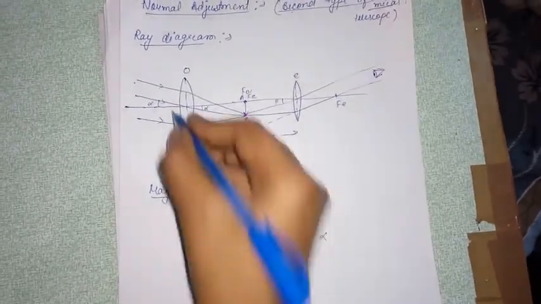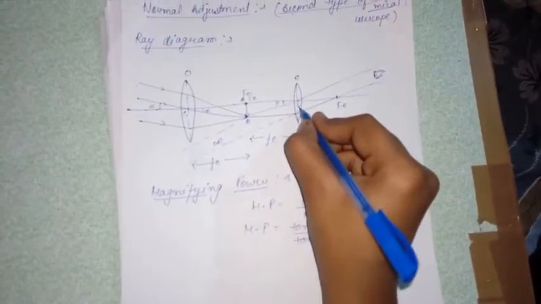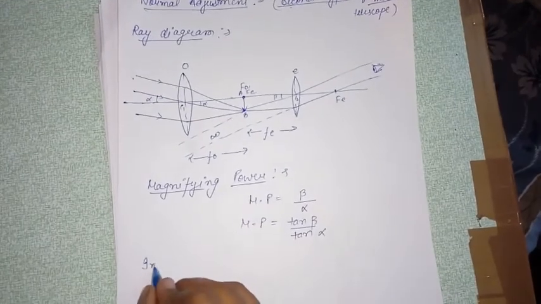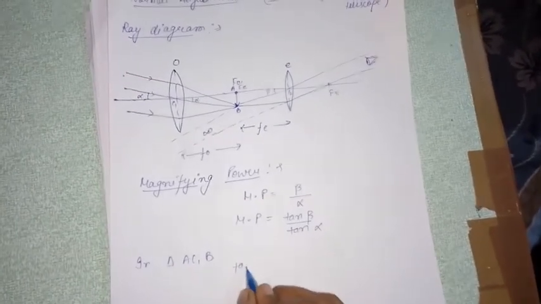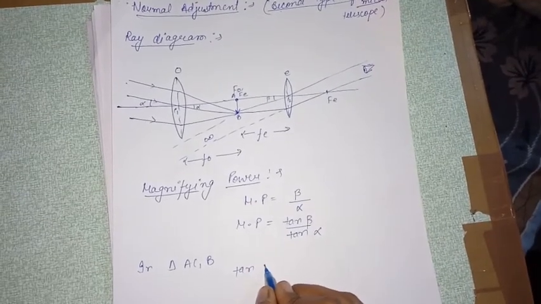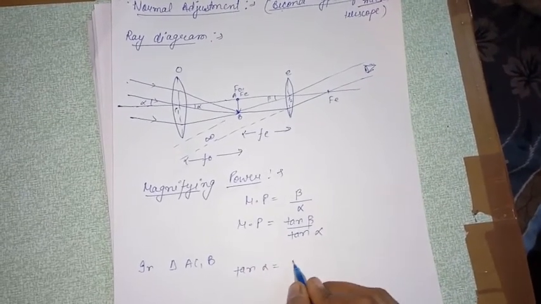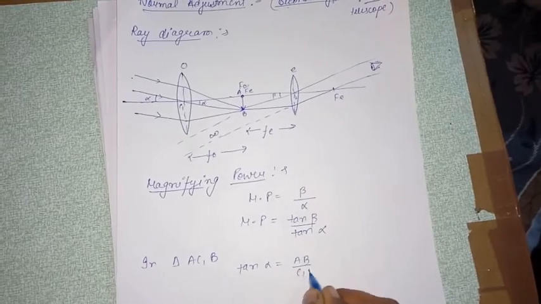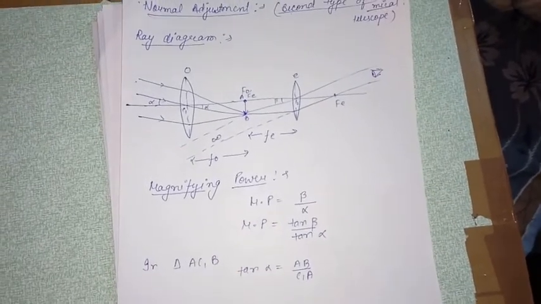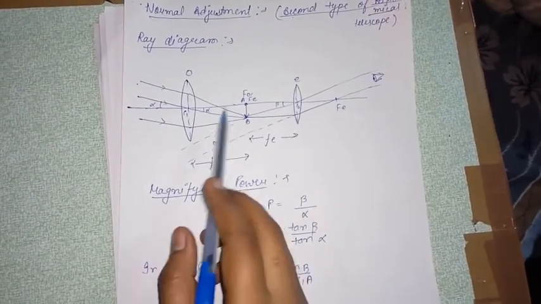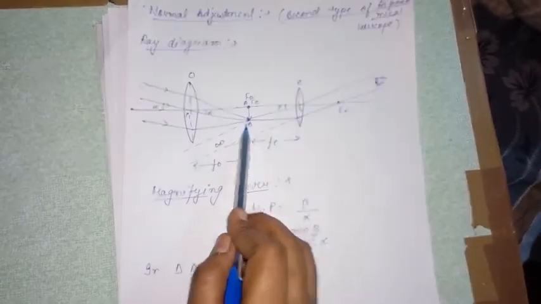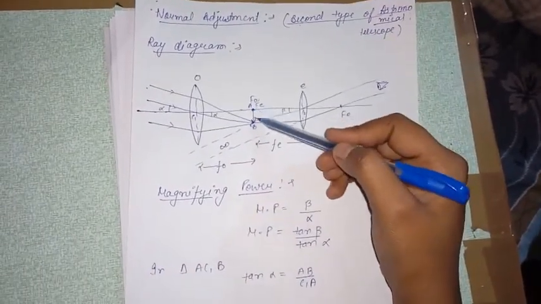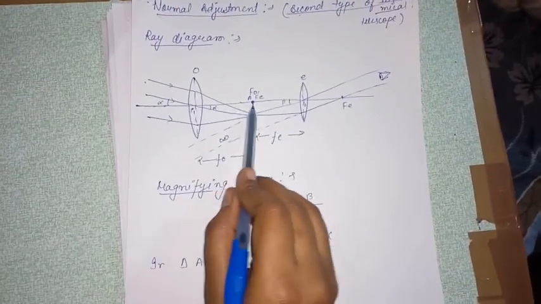So in triangle AC1B, tan alpha is equal to AB upon C1A.